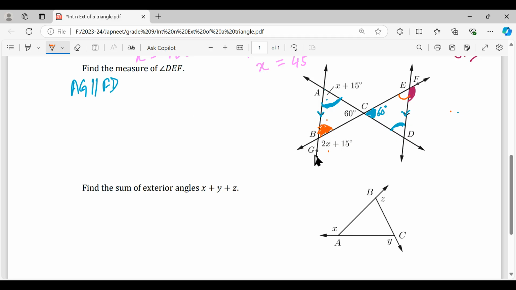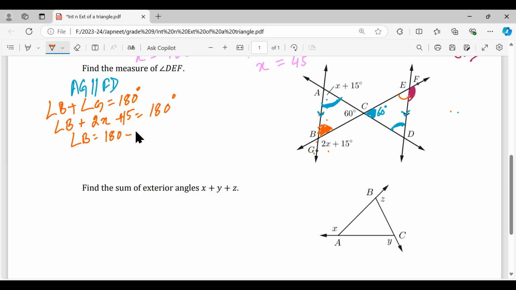so here angle B and angle G, they are the linear pair of angles. So angle B plus angle G will give you 180 degrees. So we can find out what is angle B. Angle G is written as 2x plus 15. So angle B plus 2x plus 15 equals 180 degrees. So we can write angle B equals 180 minus 2x minus 15.